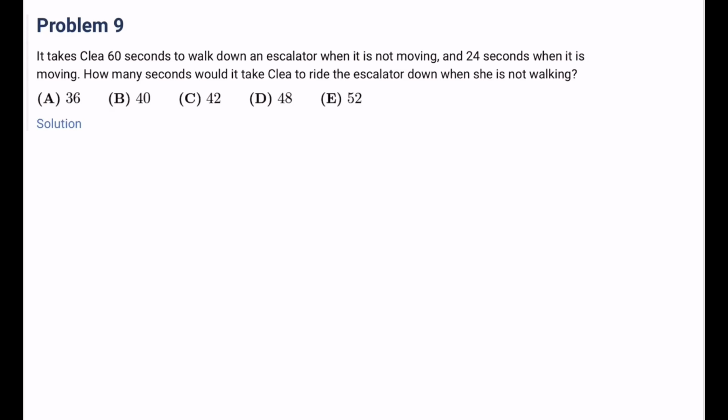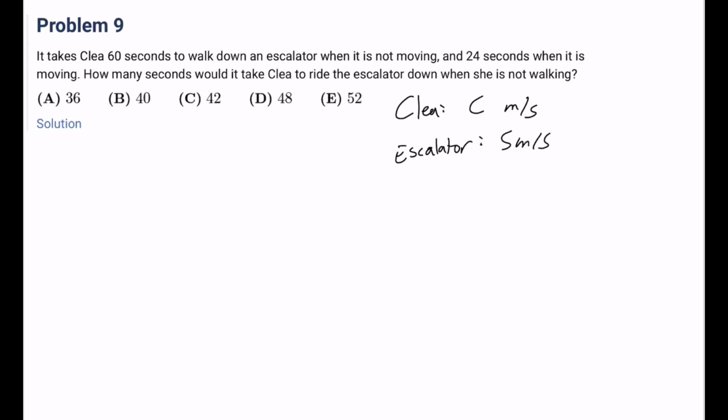The fact that we have to zoom in on here is that the distance of going down the escalator is equal. So we can see that walking down when it's not moving, let's say that Clee's walking speed is c meters per second, and the speed of the escalator is s meters per second.